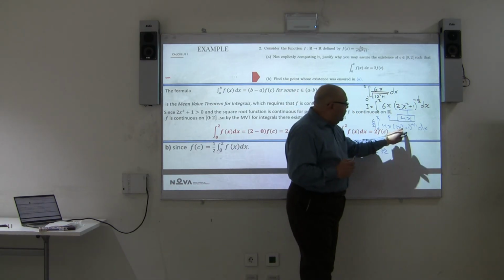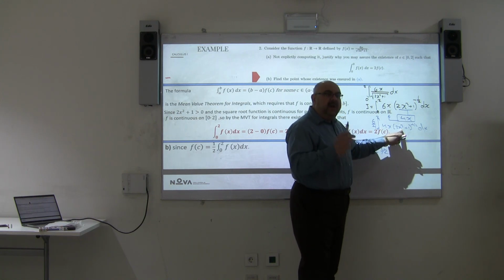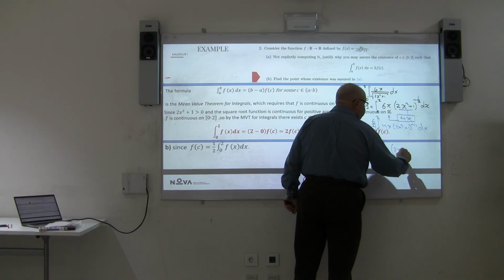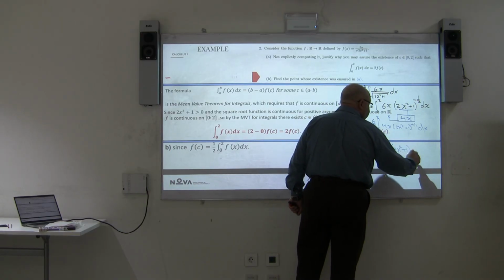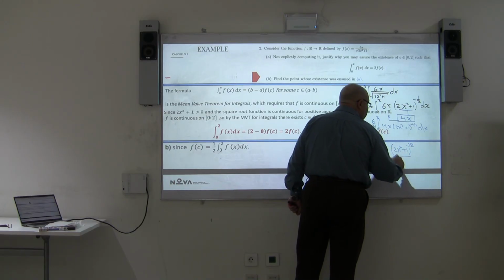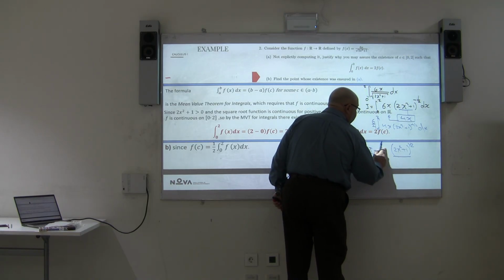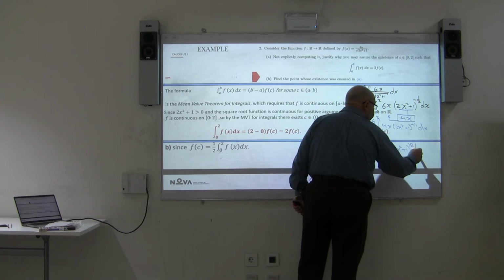Then I will integrate this bracket by adding 1 to the power and dividing by the new power. So it's going to be 3 over 2, then times (2x squared plus 1) to the power of half, and then dividing by half. Once you divide by 1 over 2, it means you multiply by 2. So this is actually the value of your integration.